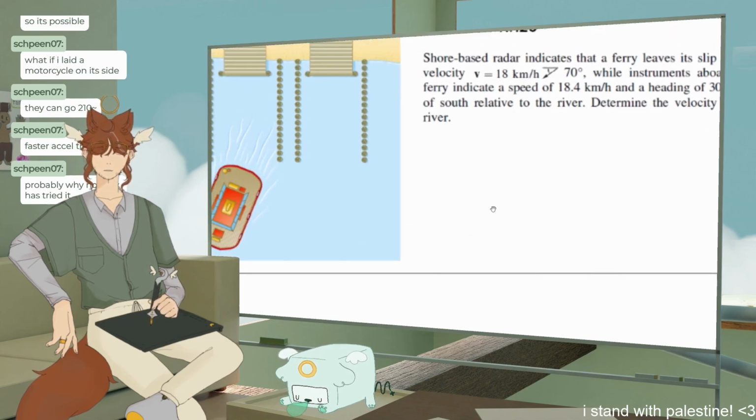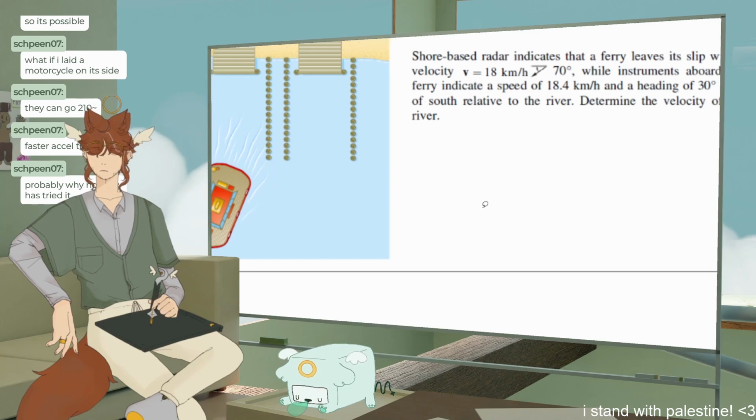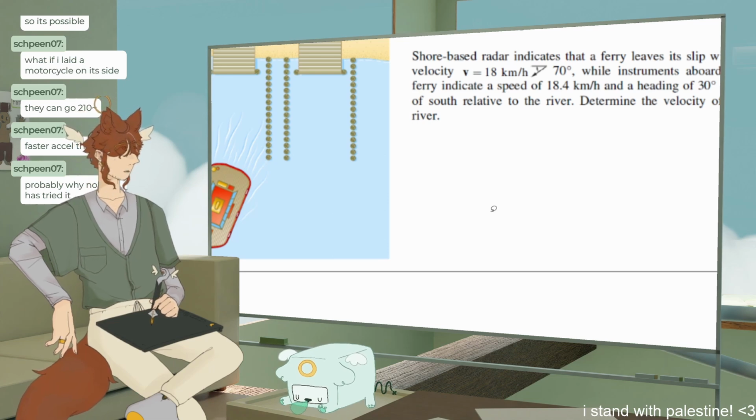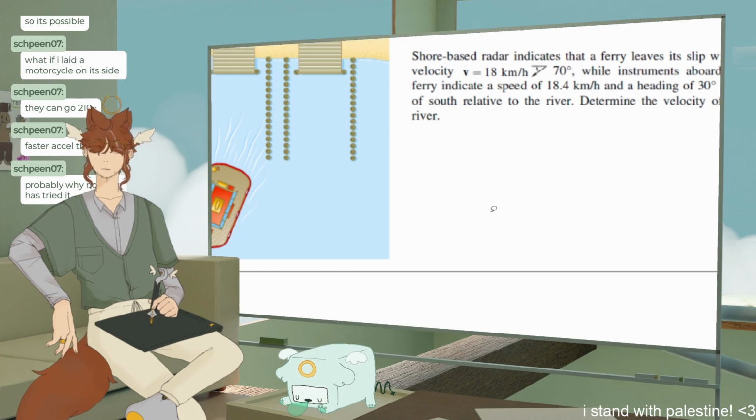If you just wanted to put a person in a centrifuge, I think you could do that fairly easily. You just need a big enough motor. If you create enough force, that's the acceleration.